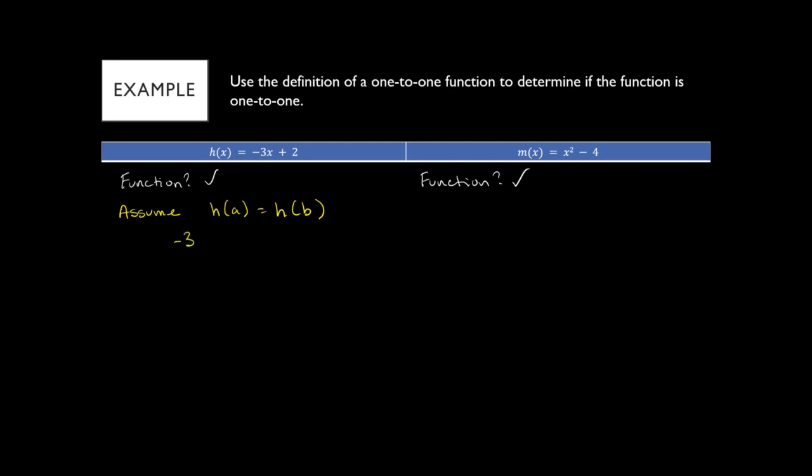That's negative 3a plus 2. On the right, it's negative 3b plus 2. So I set my assumption that the y values are equal, and then I plug in those x values. Now I'm going to solve for a. First step, subtract 2 from both sides.